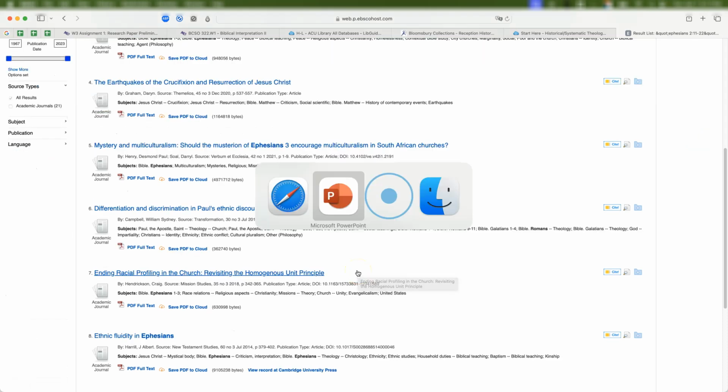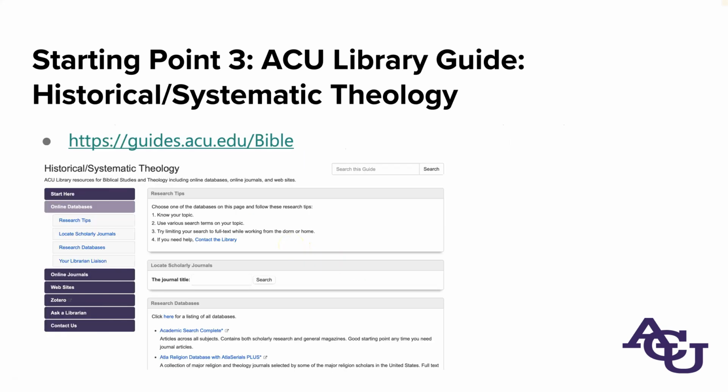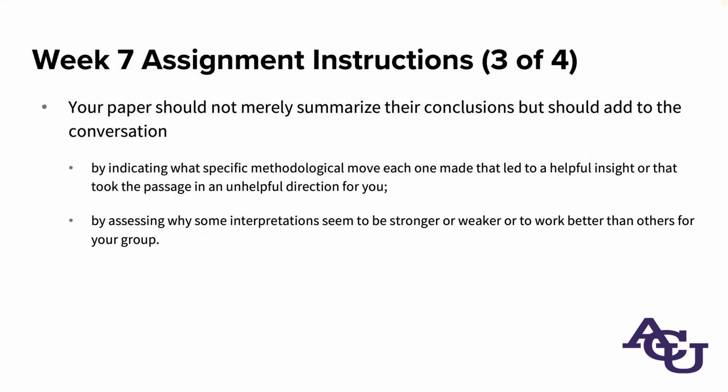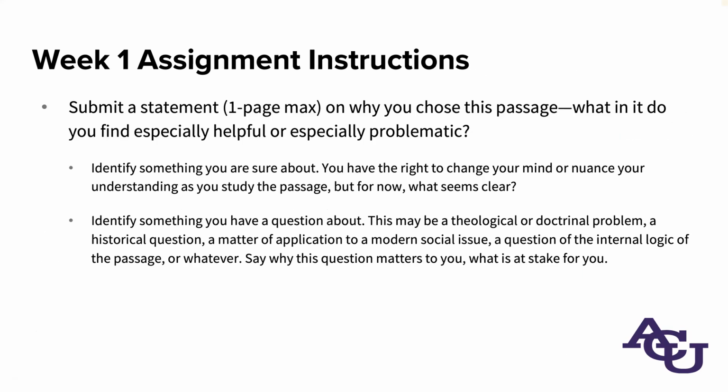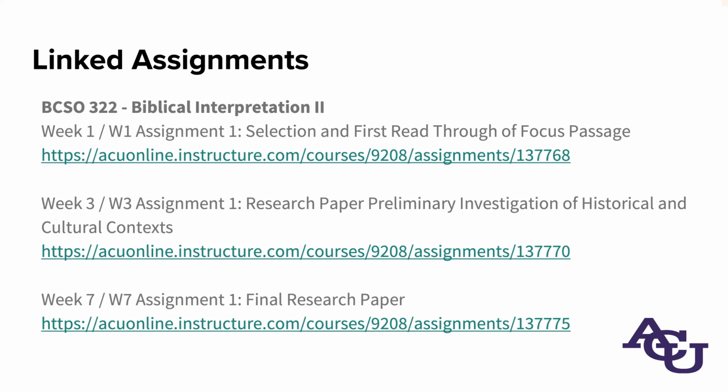So let's back our way through and talk about the different resources we've discussed. We started with this assignment and looked at how it's actually a set of 3 interlinked assignments. The first one is select the passage that you're going to be writing about and just tell us an idea of why this is grabbing you.